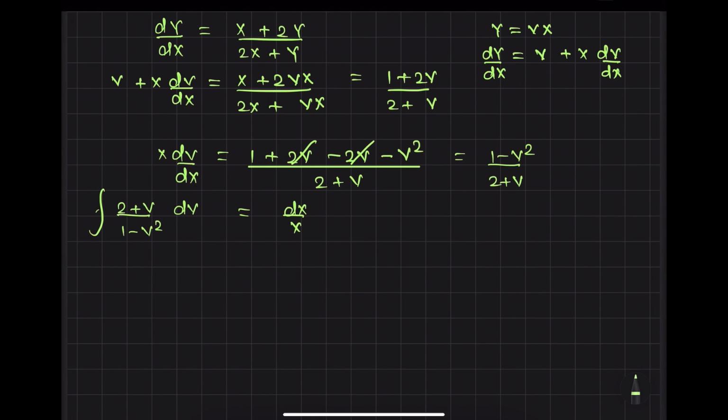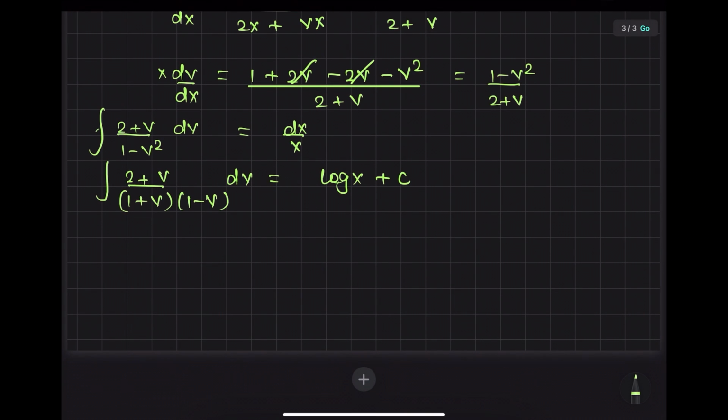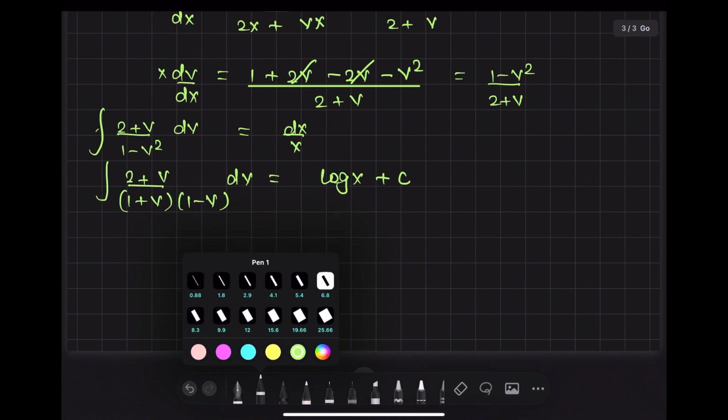So here what we will do, we will apply the idea of partial fraction. So integration of 2 plus v upon 1 plus v, 1 minus v dv is equal to log x plus integration constant c. Now we will simplify this function.